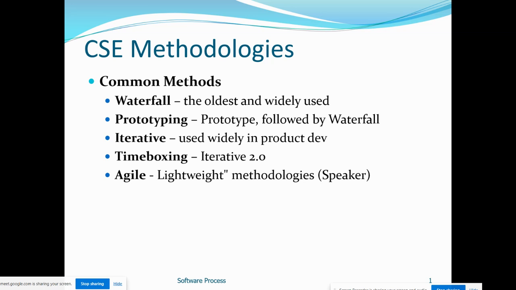So, commencing with today's content, common software engineering methodologies. What are all the methods that are being used? Waterfall model, prototyping, iterative, timeboxing, agile.